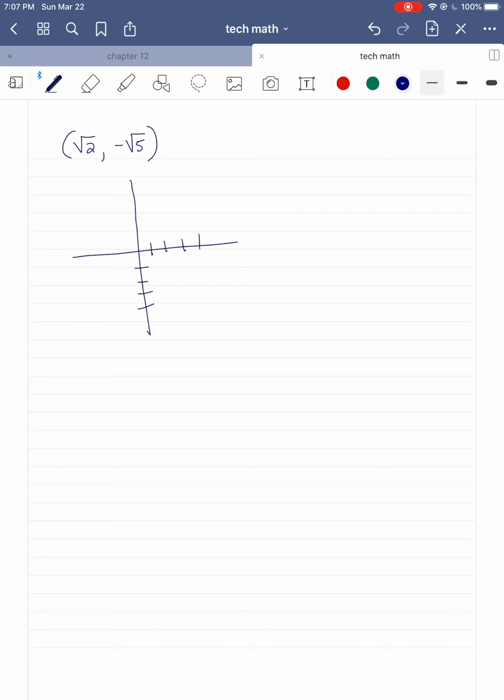Square root of 2 is approximately 1.4, and square root of 5 is approximately 2.2, so a negative 2.2. Let me make the axes bigger. So let's say I am approximately here, third quadrant or fourth quadrant.